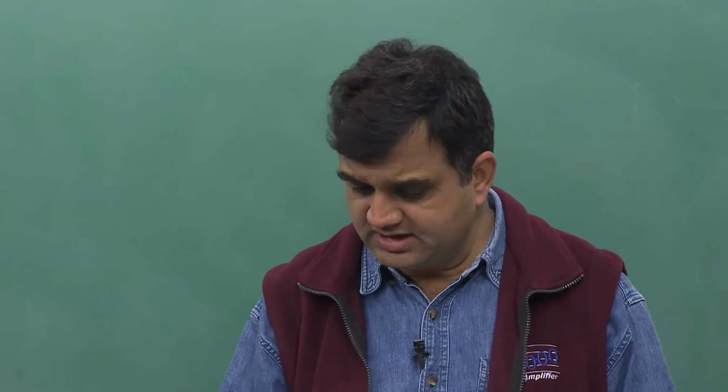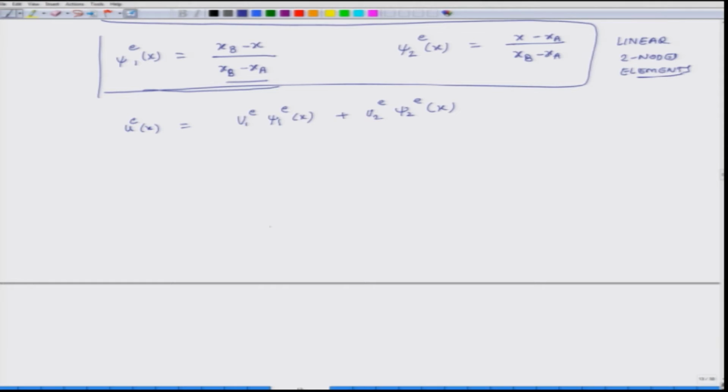The second thing is, let us consider this as my eth element. This is node 1, this is node 2. The first node, its coordinate is xa, the second node, its coordinate is xb.